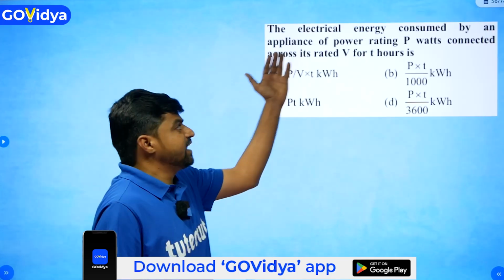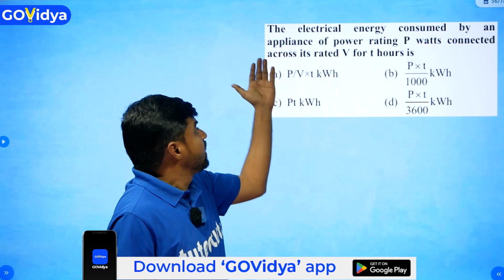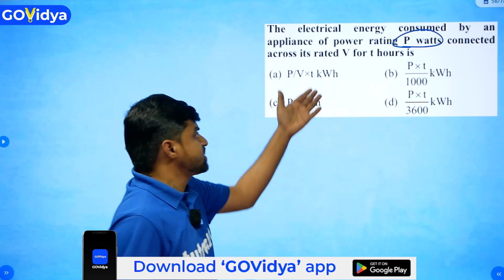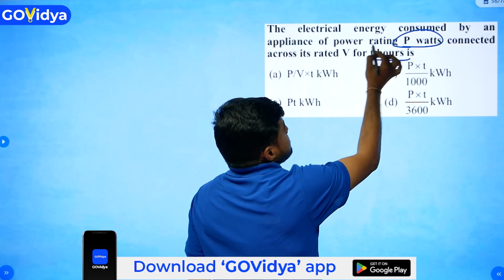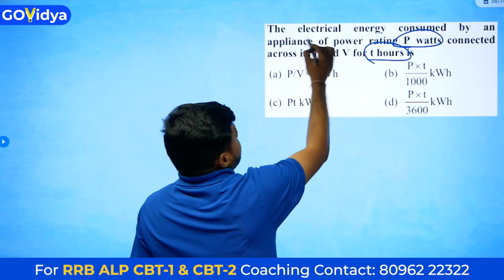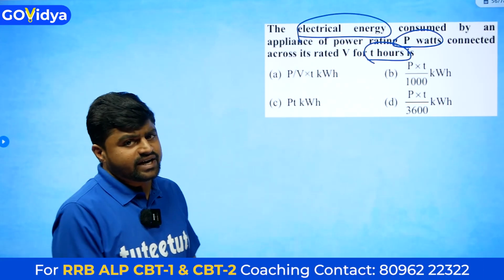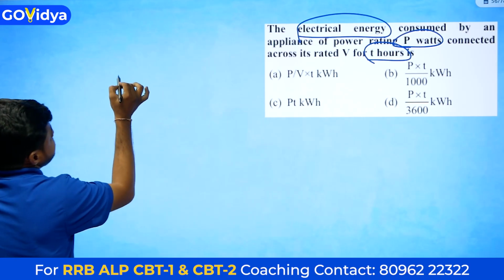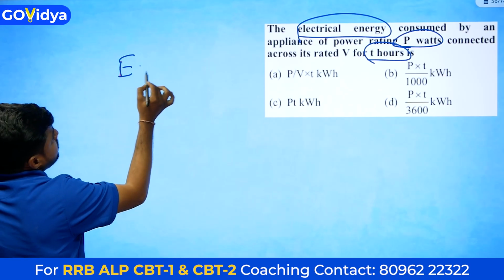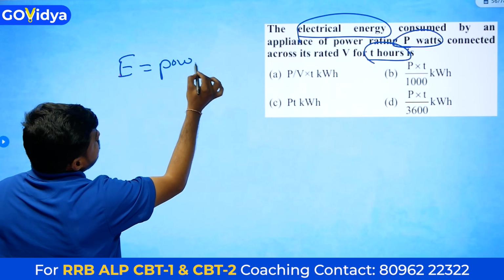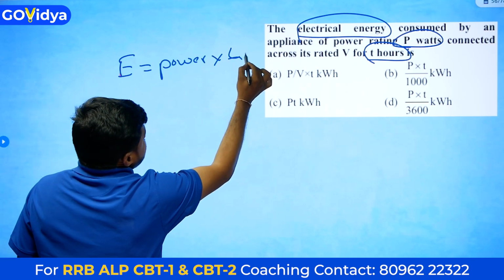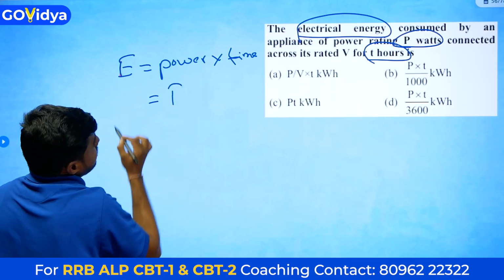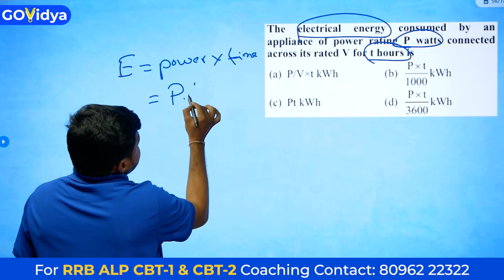Next question, the electrical energy consumed by an appliance of power rating P watts connected across a rated voltage for T hours. We have to find electrical energy. We know electrical energy is equal to power into time. Power is P, time is T, so PT.